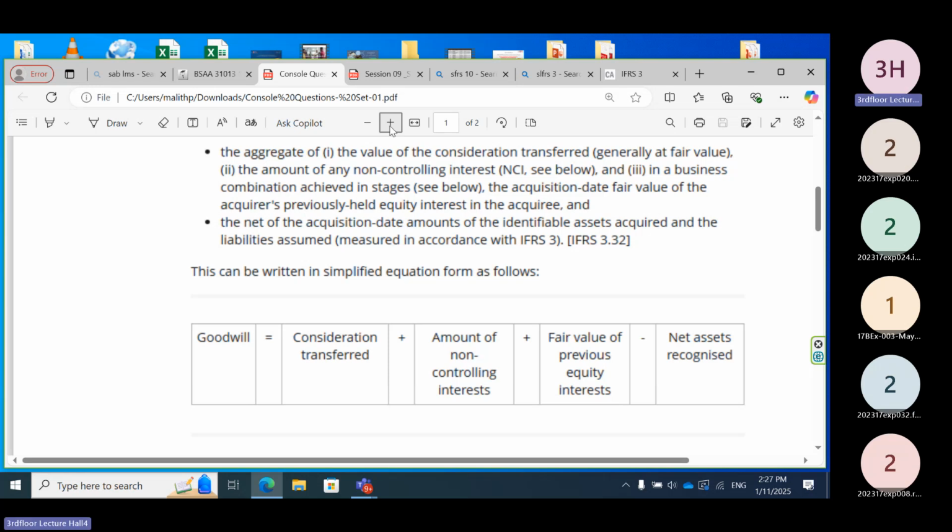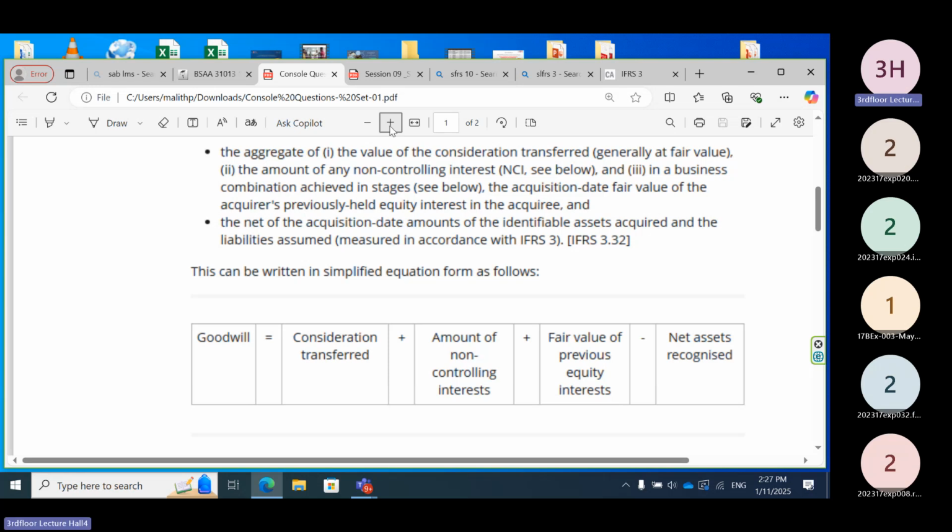So this is the acquisition date. At the acquisition date, you are going to recognize the goodwill. Once you are recognizing the goodwill, you may have previously acquired equity interest.